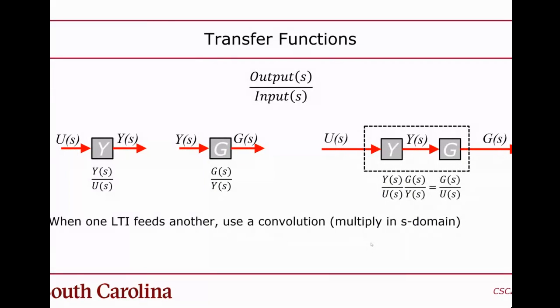Then we talked about transfer functions. A transfer function is when you take an S domain LTI and you structure it so that it is a ratio of the output divided by the input. So this is really just all about using algebra to rearrange the expression to get it into this transfer function form.